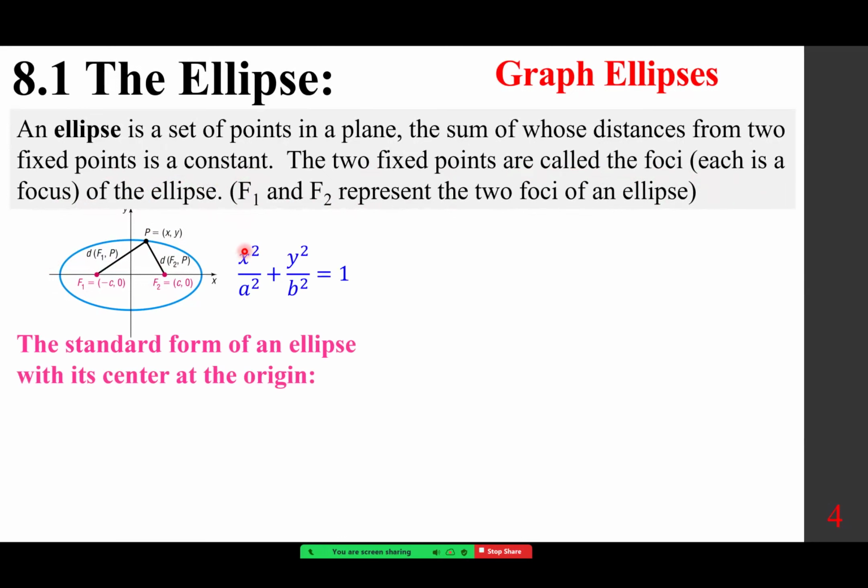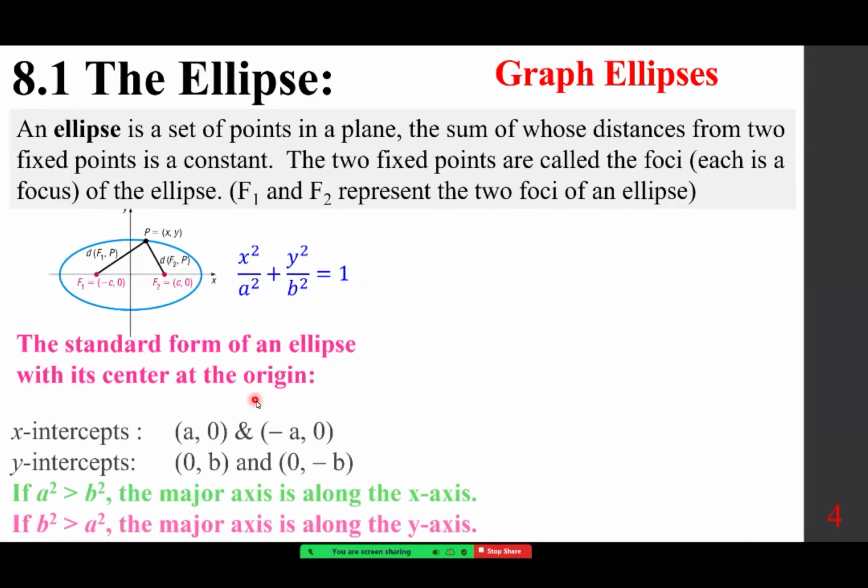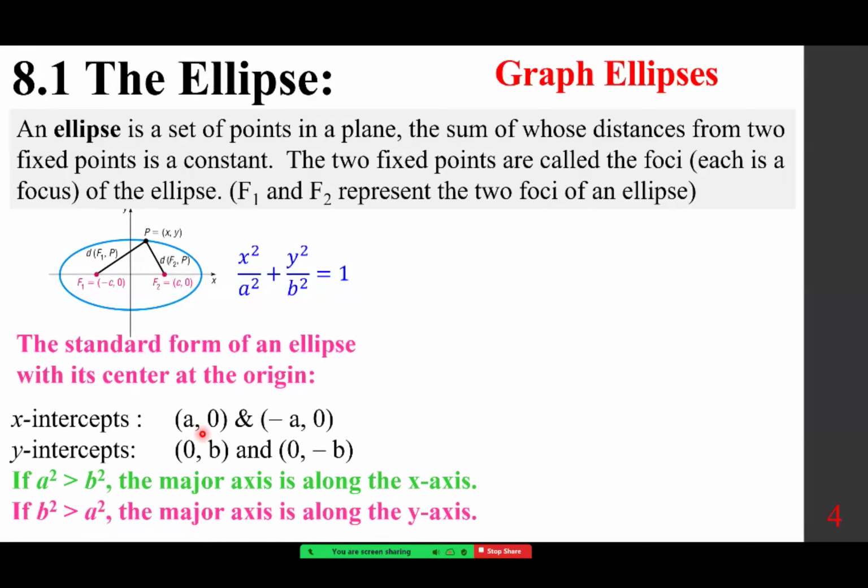The formula, when the center is located at (0, 0), is x squared over a squared plus y squared over b squared equals 1. This is the standard form of an ellipse with its center at the origin. The x-intercepts are (a, 0) and (negative a, 0). The y-intercepts are (0, b) and (0, negative b).